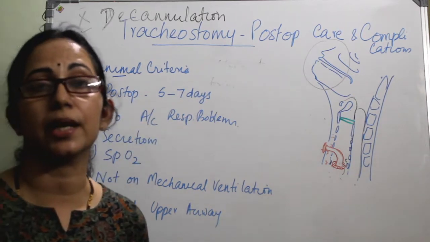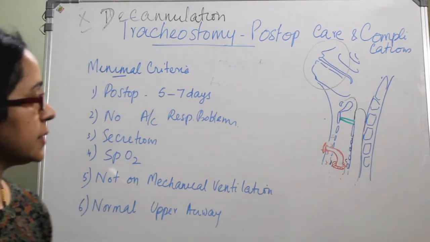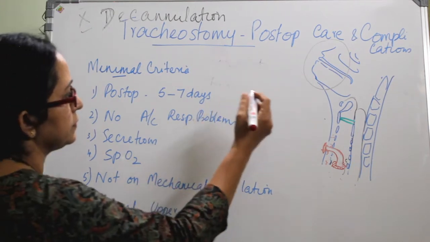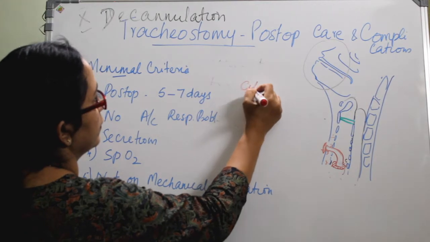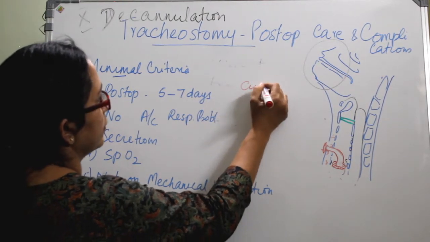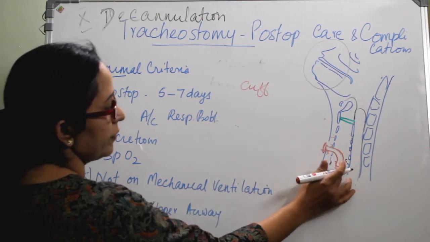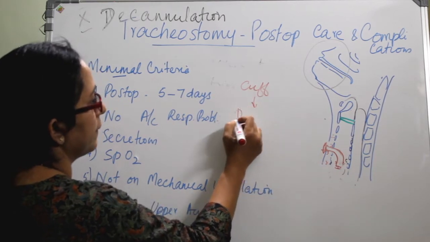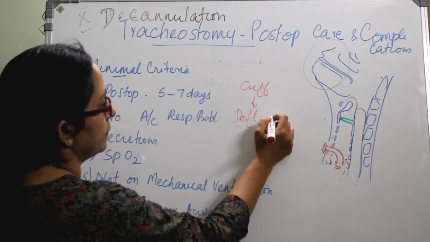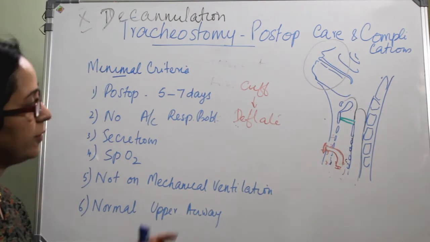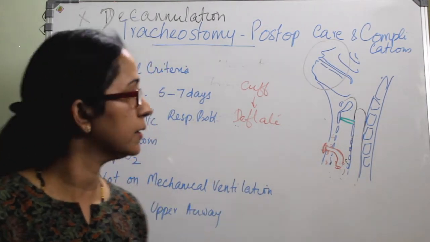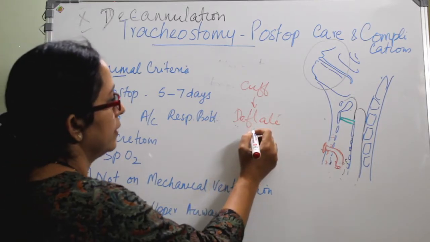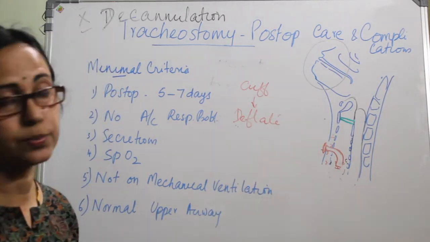And what is the decannulation protocol? That is, first, if there is a cough, first deflate the cuff. Okay, deflate it. If there is no problem and the patient is happy, then go with a cuffless tracheostomy tube or a smaller tracheostomy.